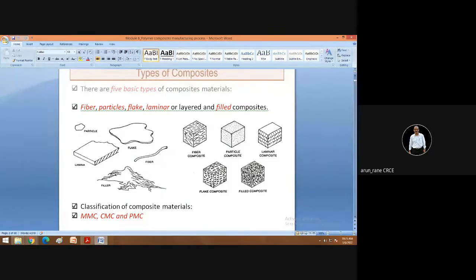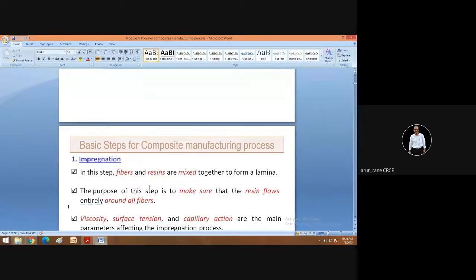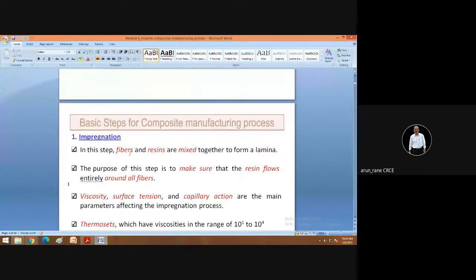Composites can be classified as MMC, CMC, and PMC. What are the steps in the composite manufacturing process? These are the four basic steps: wetting or mixing or impregnation, then layup, consolidation, and solidification. What is impregnation? Here the fibers and resins are mixed together.